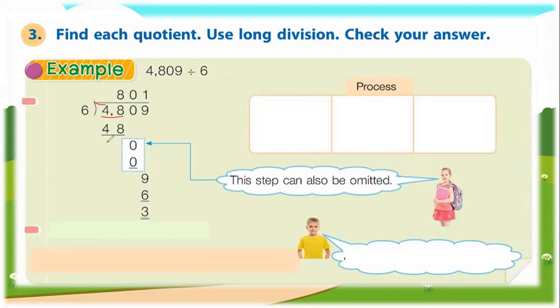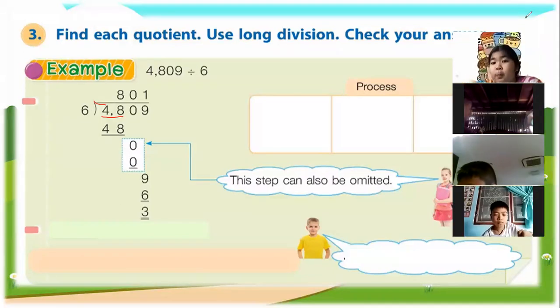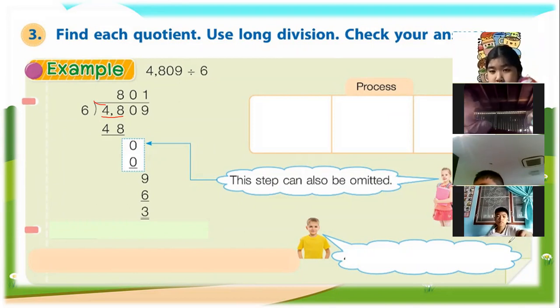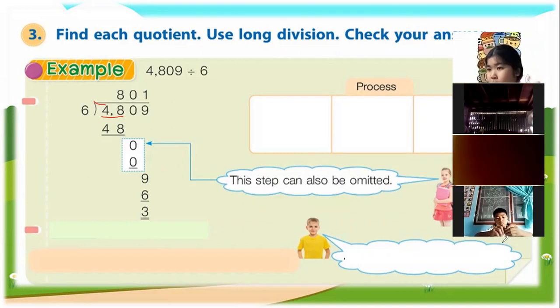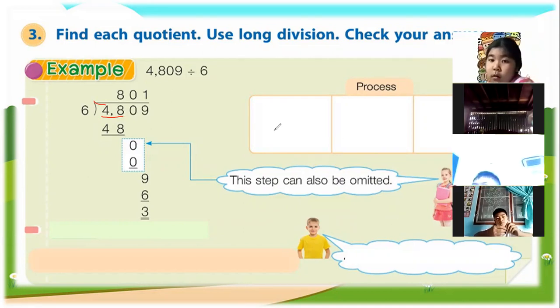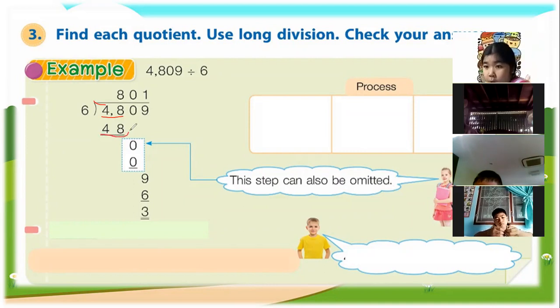Now if you use the table of 6, 6 multiplied by 8 becomes how much, students? Can you answer me? 6 multiplied by 8 is equal to 48.